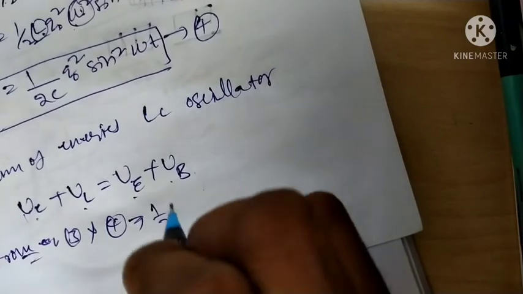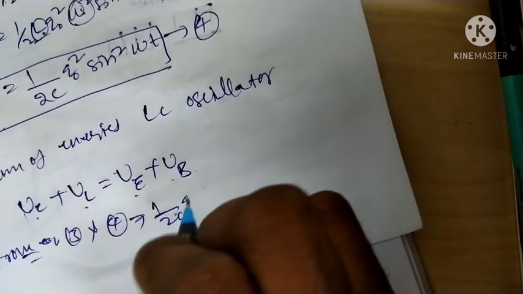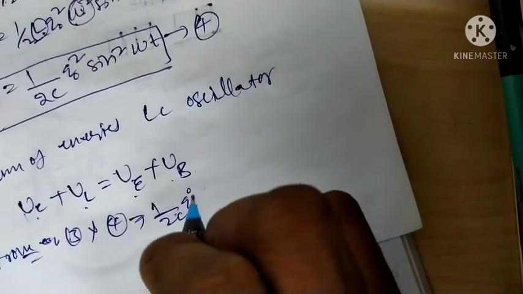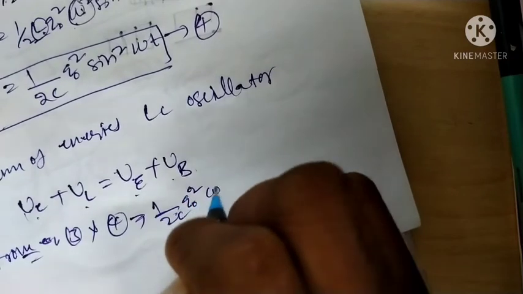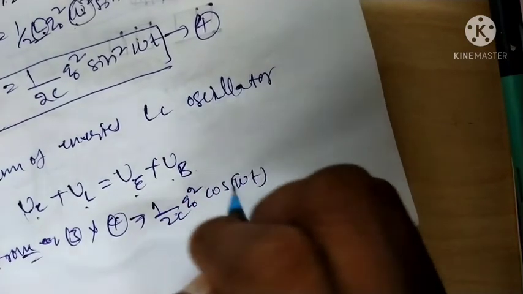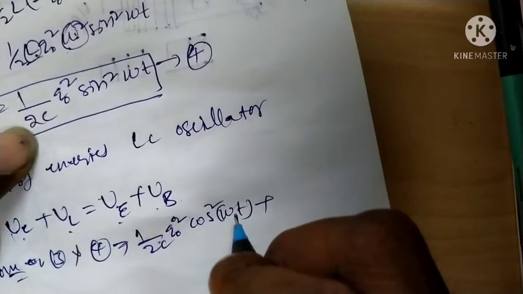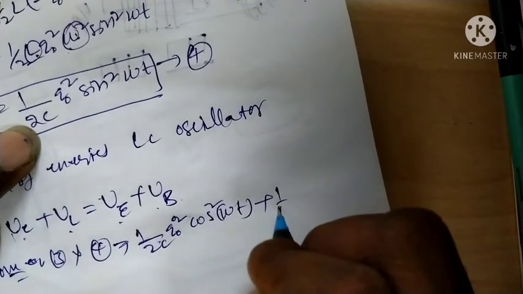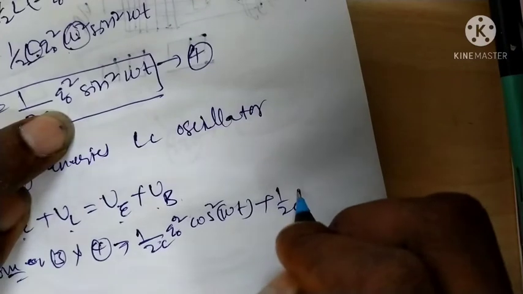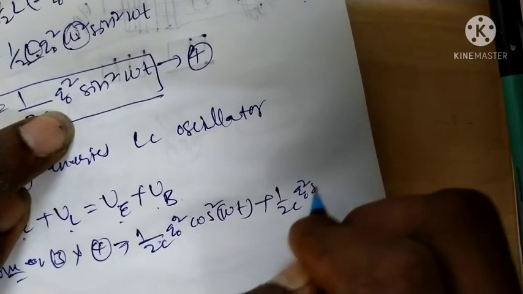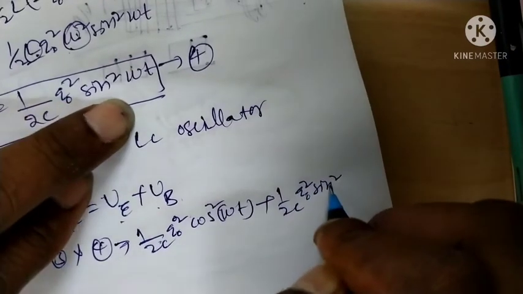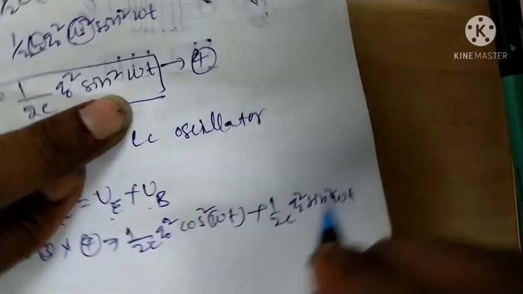Now we get 1 by 2C q naught square cos square omega t plus 1 by 2C q naught square sin square omega t.